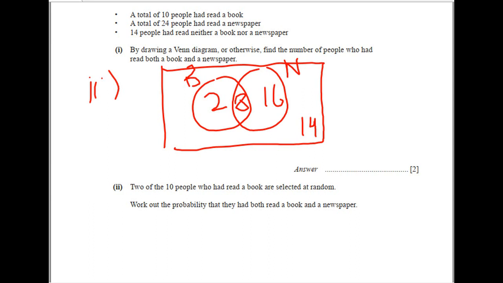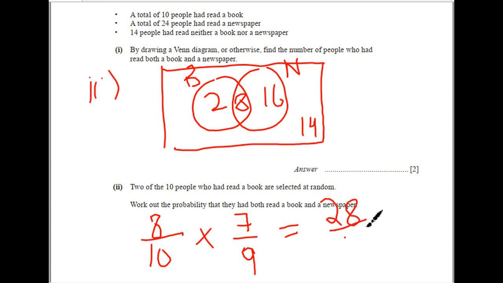So the probability will be for the first person, 8 over the total value, 10, times for the next person it will be 7 over 9, because we've removed the first person from the group. So now the numerator will be decreased by 1 and the denominator as well. So simplified, our answer will be 28 over 45.